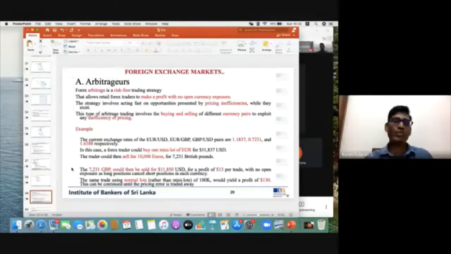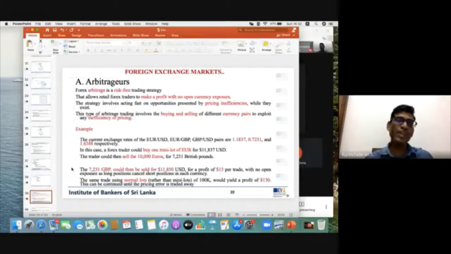What do we mean by open currency exposure? If you buy foreign currency, if you buy dollars and keep them with you today, and tomorrow the foreign exchange rate changes, you may lose.